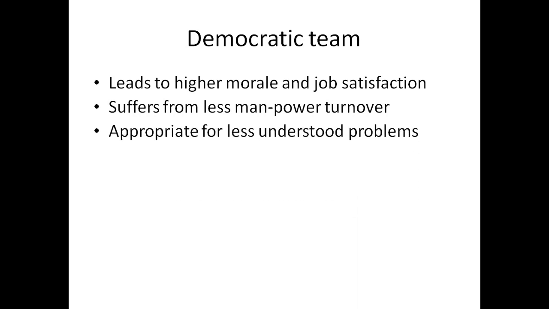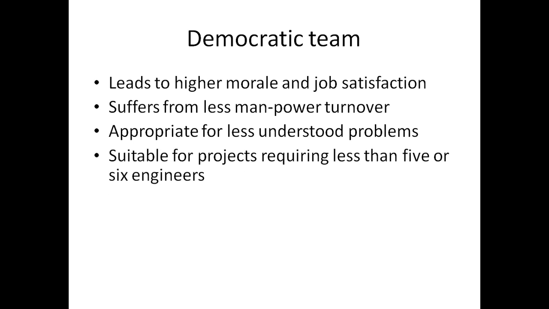And it is appropriate for less understood problems, because there will always be communication among these team members. So if it is an ill-defined problem, they can communicate well, and they can find innovative solutions also. And it is suitable for projects requiring fewer than 5 or 6 engineers, because communication is important in the case of a democratic team.